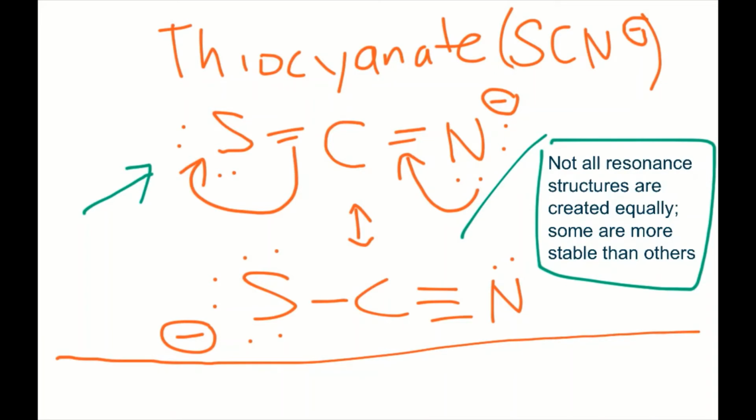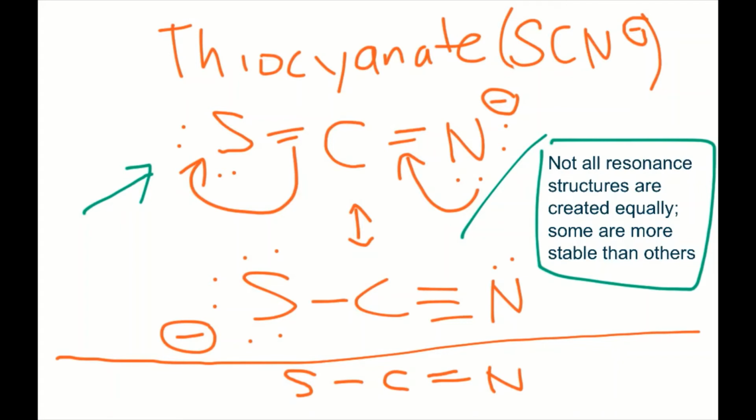So let's draw the S, the C, and the N. Which ones are localized electrons and which ones are delocalized? Well, the localized ones are the permanent ones. So I think the double bond here is kind of permanent because in both of them there's a double bond here, so it's going to be permanent, or localized.